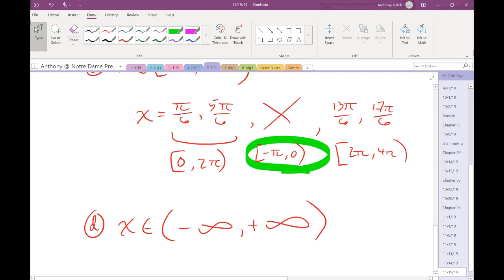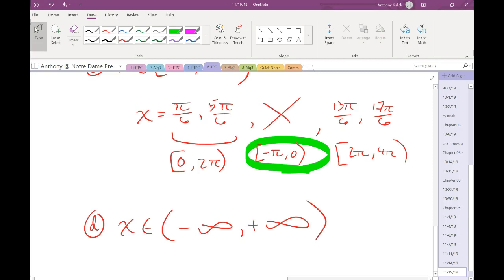We need to figure out a way to describe those solutions with a formula, so to speak, right? Everybody agree with that? So in words, my solutions are pi over 6 and everything coterminal to that, and 5 pi over 6 and everything coterminal to that one.